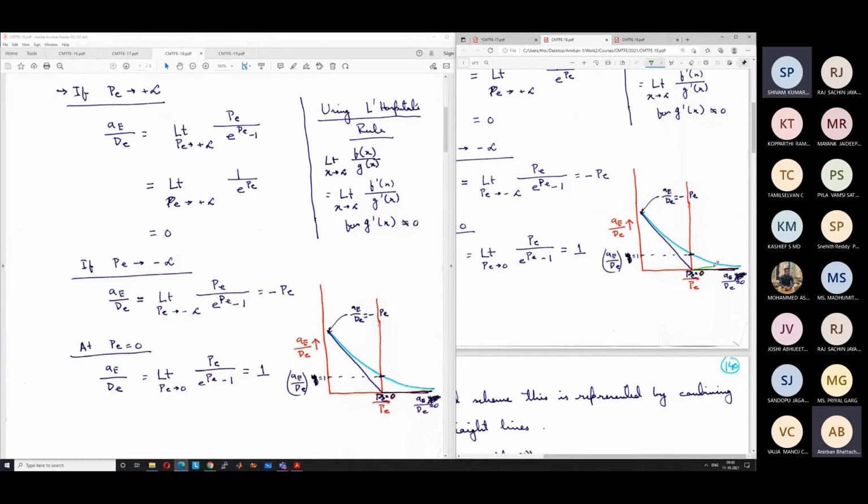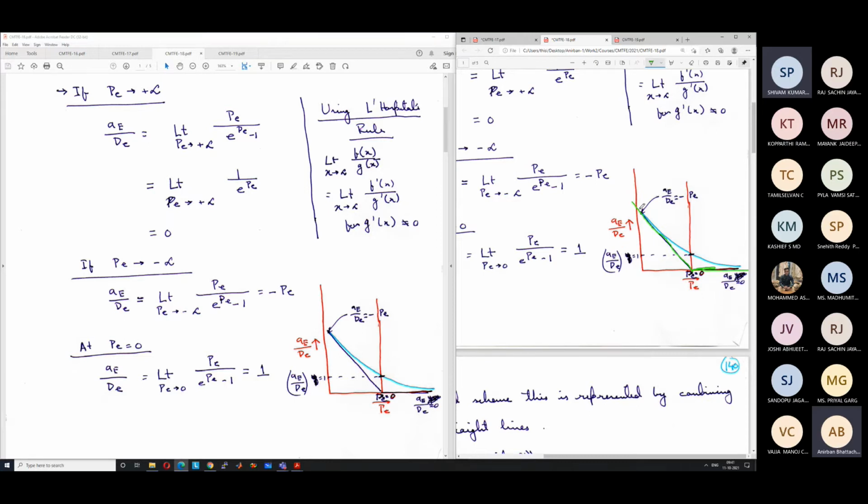Although we have just found that this value is true only in the limit, not for lower values of P. Similarly, A by D is equal to minus P. This is the line, y is equal to minus x, that type of line, for the negative side.